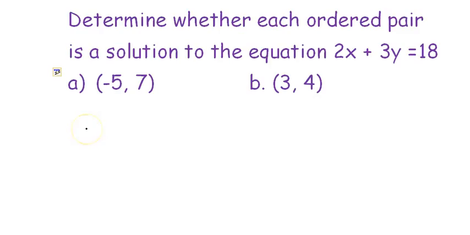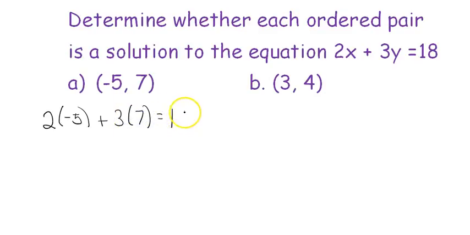Okay, another kind of problem that you're going to do in this lesson is determining whether these ordered pairs are a solution to a given equation. And our equation is 2x plus 3y equals 18. So the first part is x, the second part is y, and the way that you determine if it is a solution is just by plugging them in. So 2, where the x is, you're going to plug in the -5. And then 3, where this y is, you're going to plug in a 7.